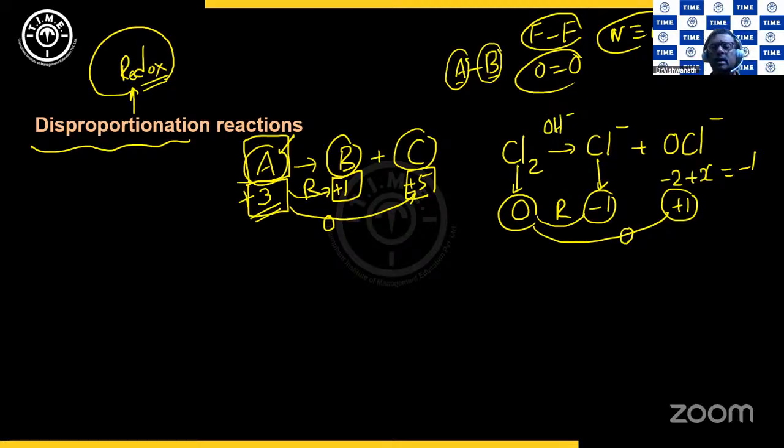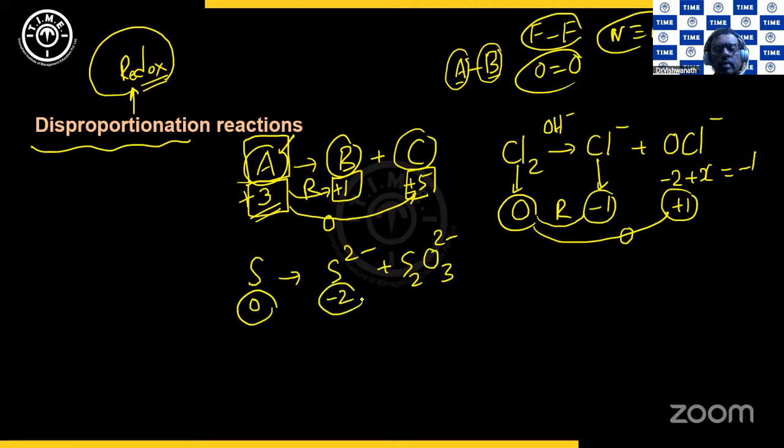So chlorine disproportionates in cold alkali to form chloride and hypochlorite. Clear? So like that, we can have sulfur turning into a sulfide and a thiosulfate. Here it is 0, here it is -2, and here it is +2. So this is reduction and that is oxidation.